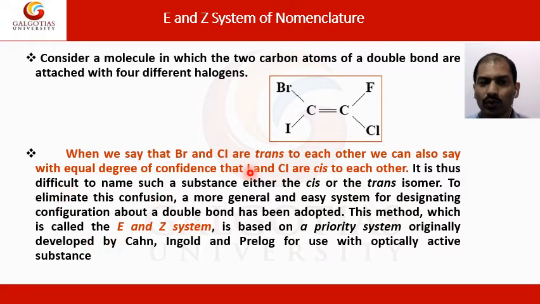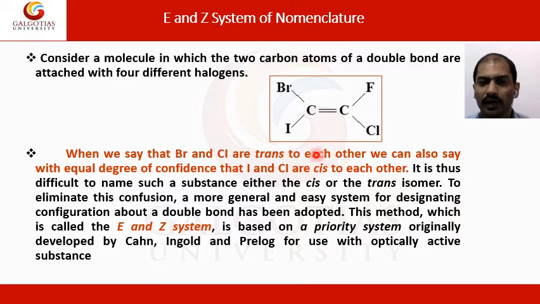Here bromine and chlorine are trans to each other, and we can also say with equal confidence that iodine and chlorine are cis to each other, because the highest priorities are on the same side.